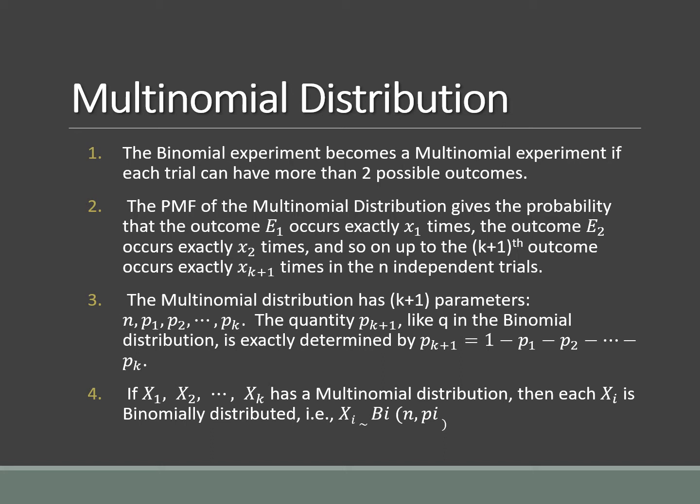So it's a success or failure situation: success if it's in the ith category, failure if it is not. So every x sub i could follow a binomial distribution with n trials and p sub i as the probability that the outcome would be that x sub i that we are talking about.